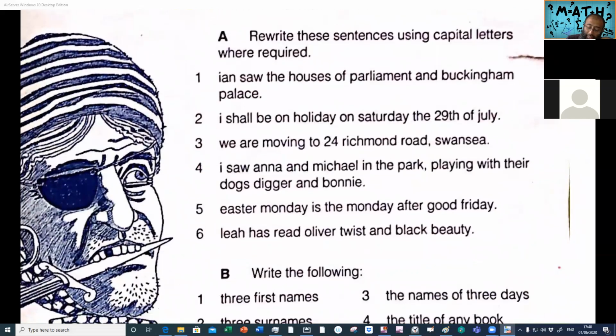Rewrite these sentences using capitals where required. So, let's do the first one together. Ian saw the Houses of Parliament and Buckingham Palace. Okay, give me a second. Okay, that looks good.